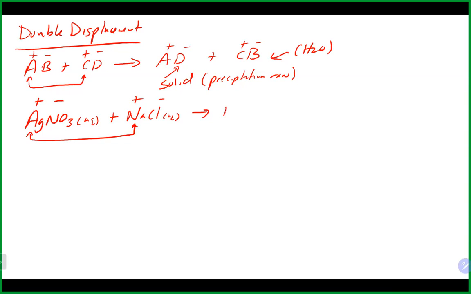The sodium will come together with the nitrate and the silver will come together with the chloride and that will make a solid. And that is a classic sort of double displacement reaction. Basically, the two positive guys switch partners on the other side. And again, this would be considered a precipitation reaction because you made a solid in this particular case.